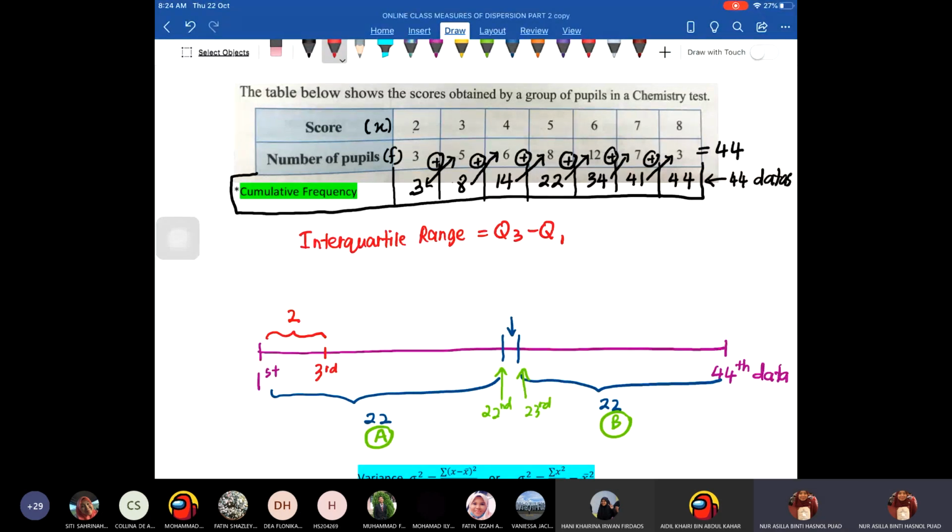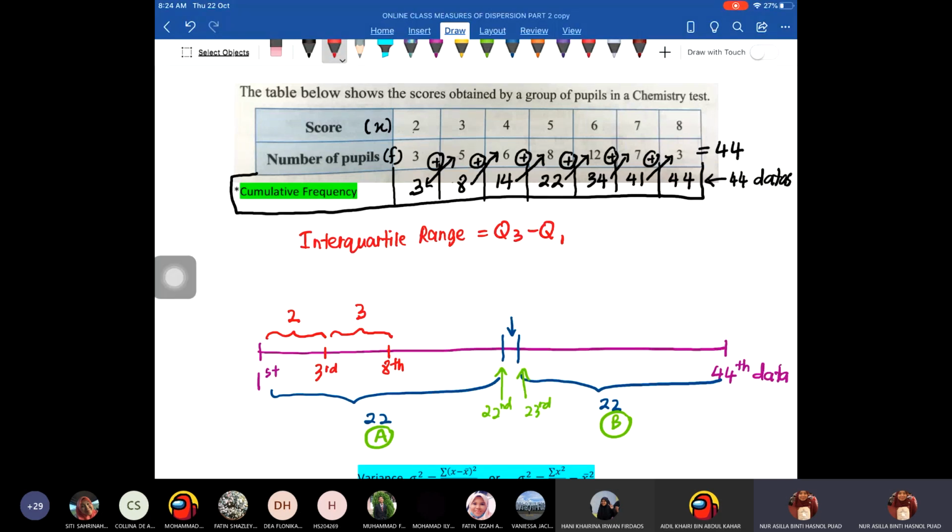Okay. And then back to the cumulative frequency, the next is until 8. So third to 8th data, my data is 3. And then so on.